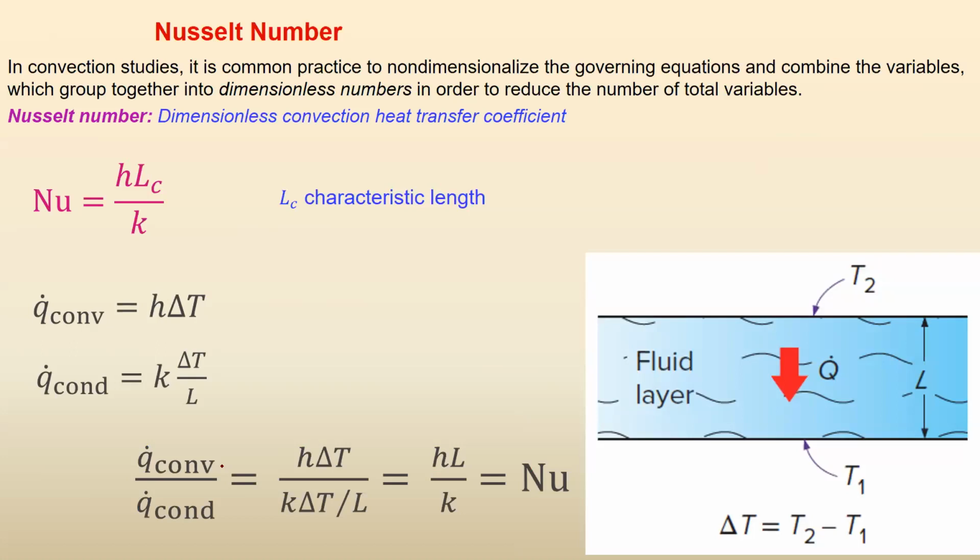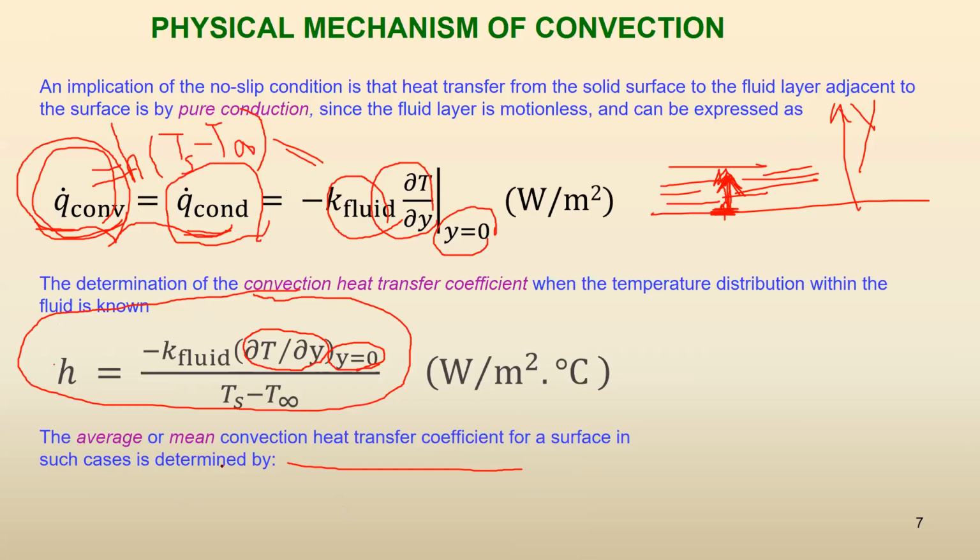Now, convection transfer coefficient has a dimension: watt per meter squared Kelvin, watt per meter squared degree Celsius. So if you measure that for certain geometry, for certain surface, then you can use that value only for that specific surface or conditions for that fluid.